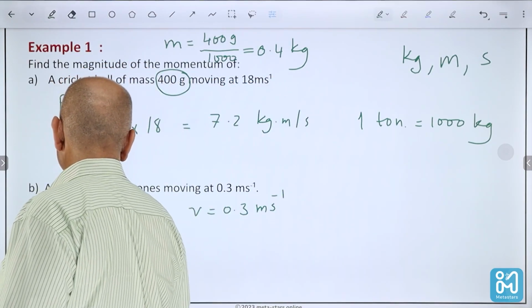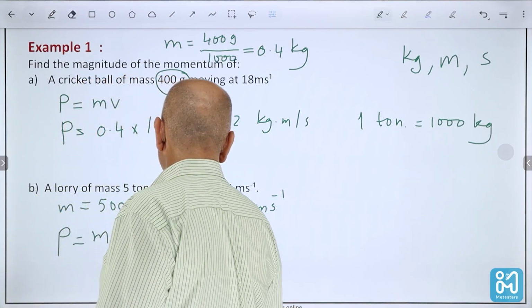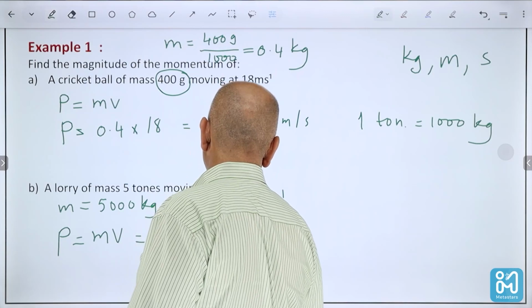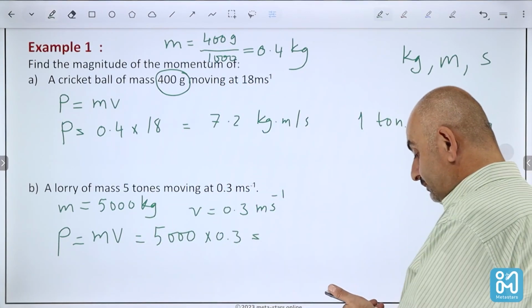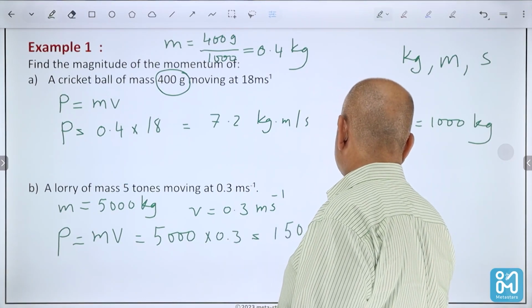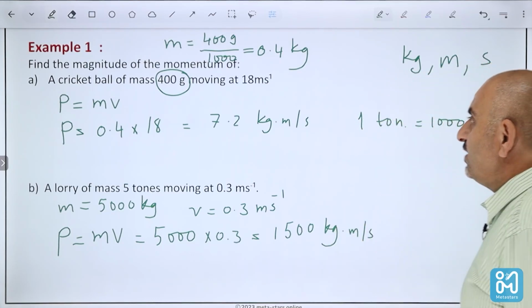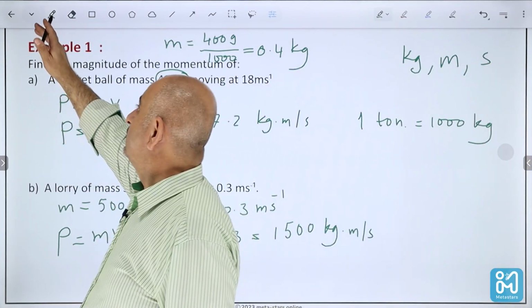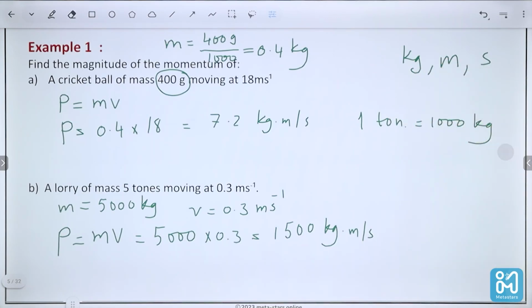Momentum equals mv, so 5,000 times 0.3 is 1,500 kilogram meter per second. That's a direct question with direct substitution of the values into the formula. We'll go to the next one now.